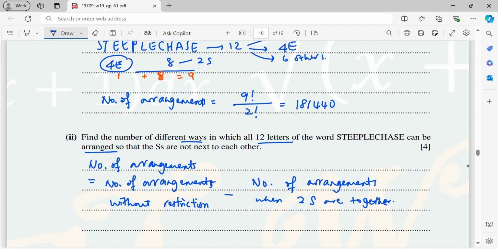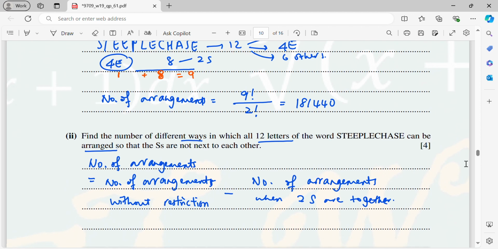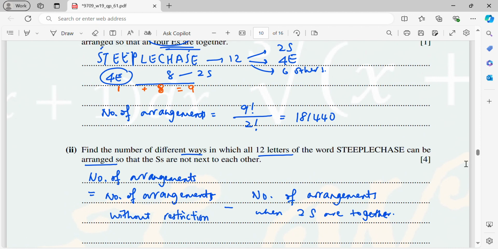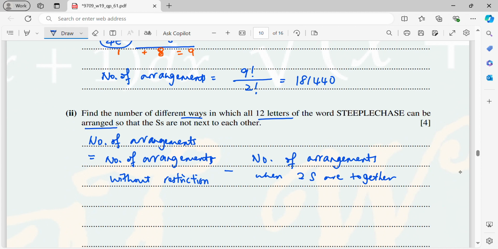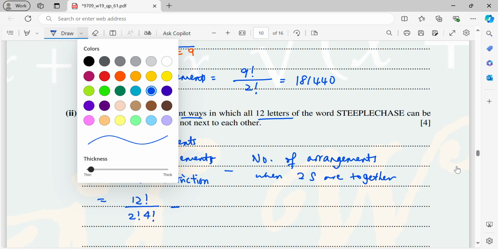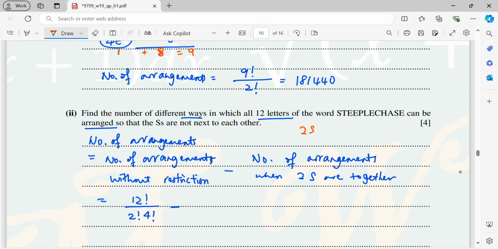Because when you observe the two S's, either they are together or they are not next to each other.